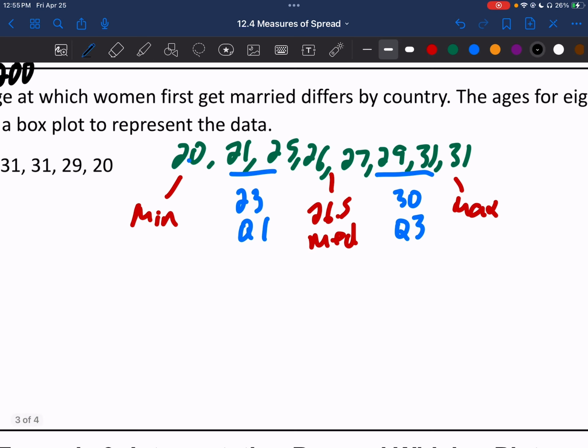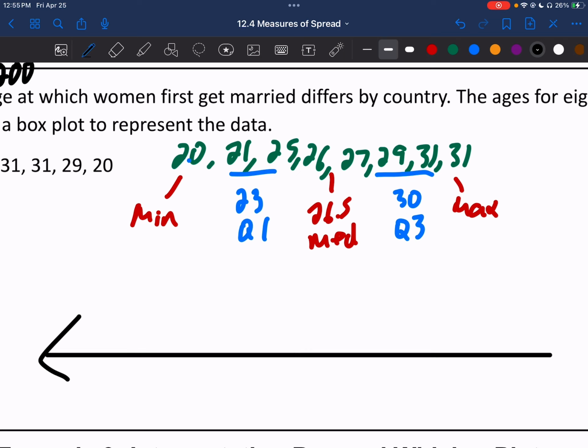And now we have to graph this on a number line. So we're going to start at 20, so 21, 22, 23, 24, 25, 26, 27, 28, 29, 30, 31, 32.